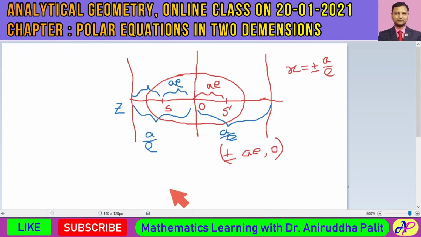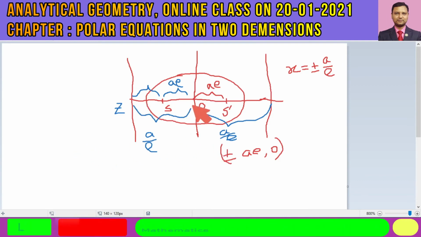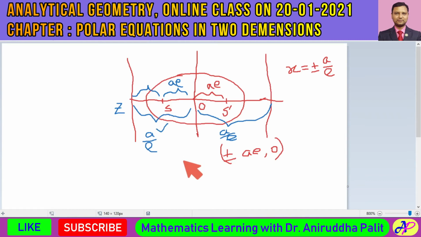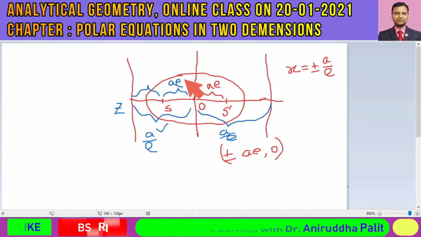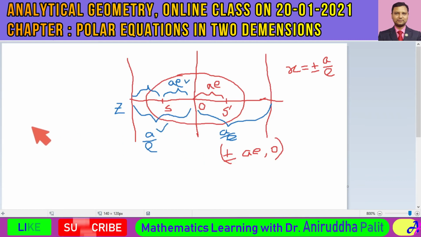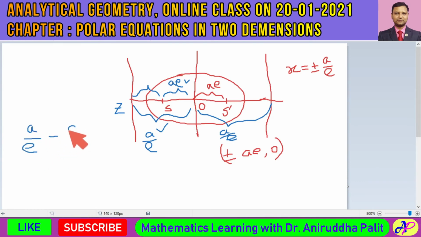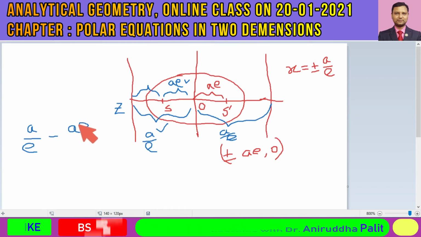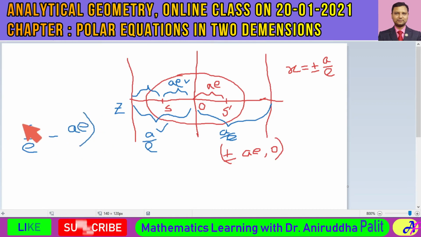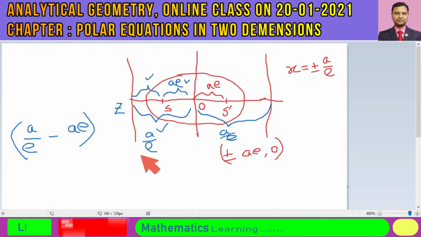SZ, we were interested in this length SZ. So this much length is equal to the total distance, A by E minus AE. So A divided by E minus AE, this much would be the length, that is length AZ.